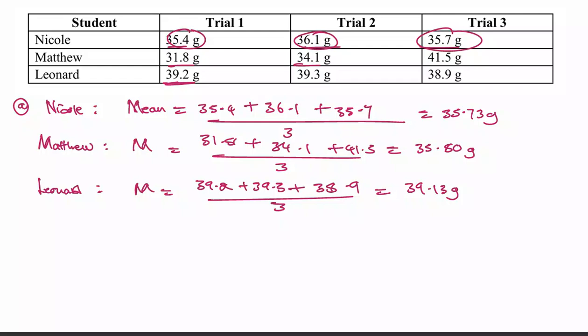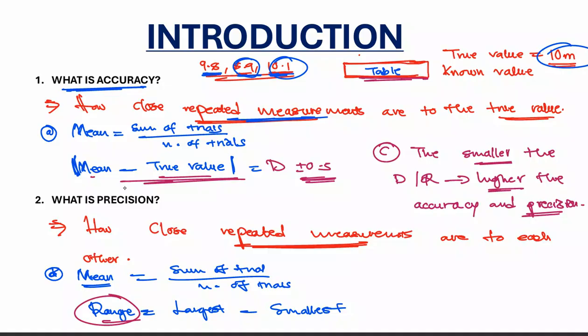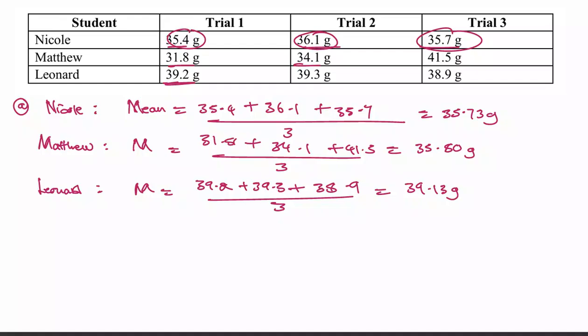Okay, after that, now we need to comment. After finding the mean, you can remember that the second step was to find the difference. So we are going to start with finding the accuracy. Let's find the accuracy.